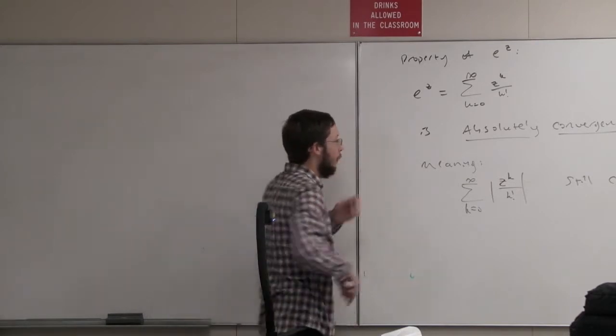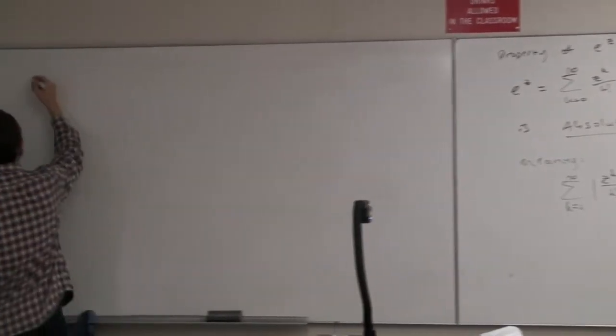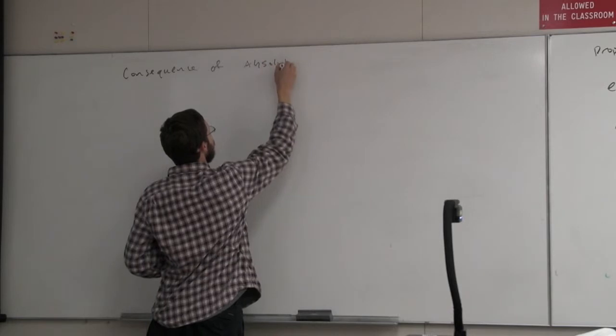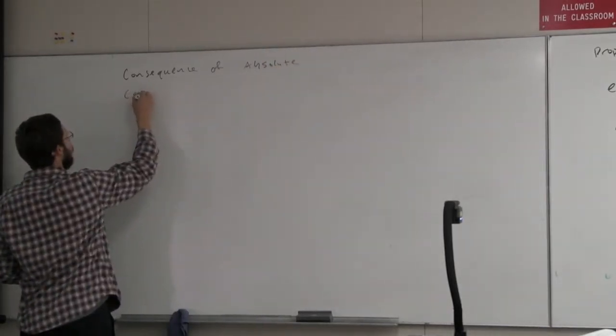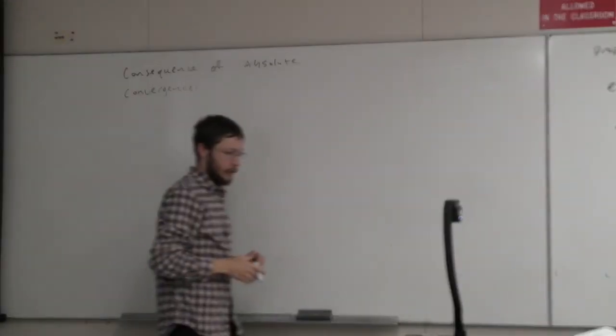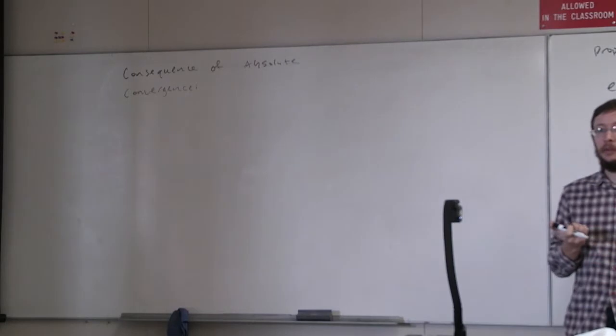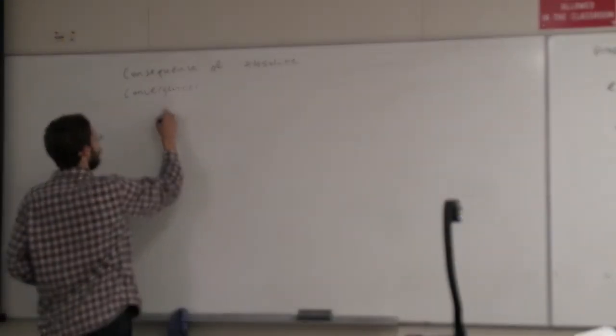Okay. So a consequence of absolute convergence is that we can add these terms together in any order that we want to, and it'll still amount to the same thing.